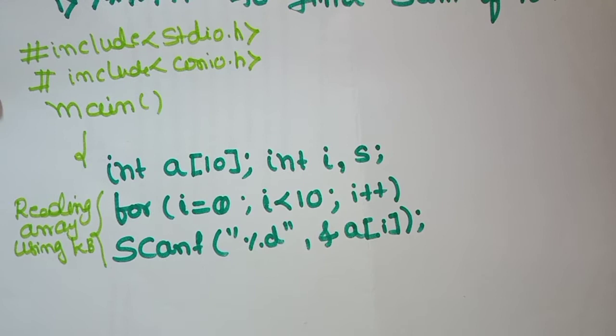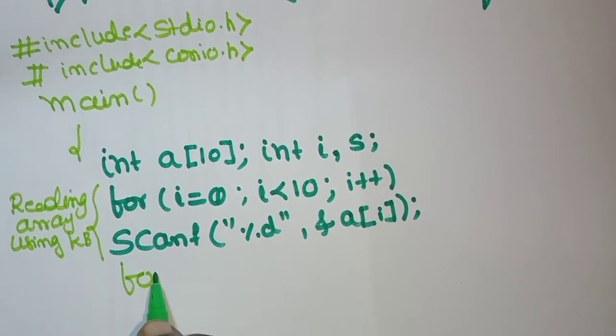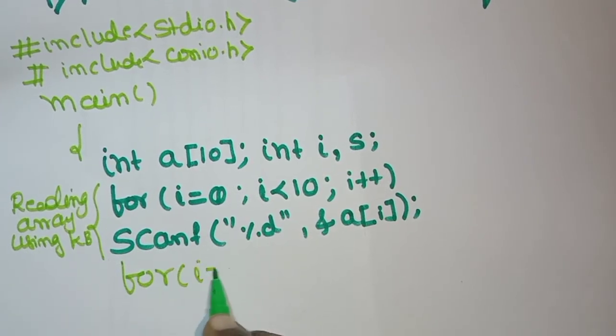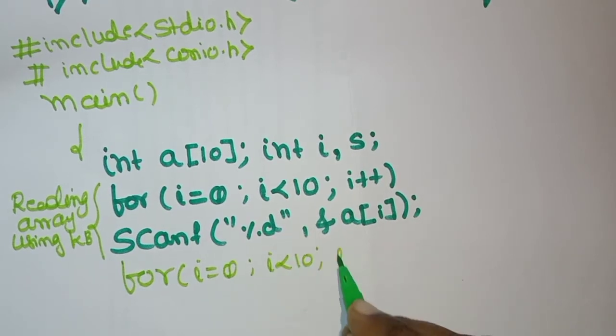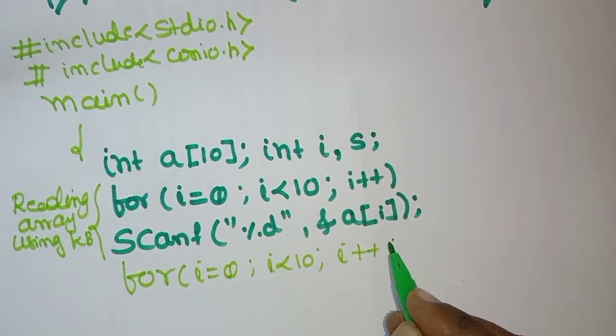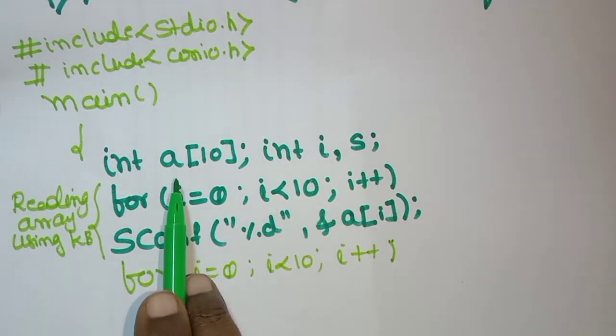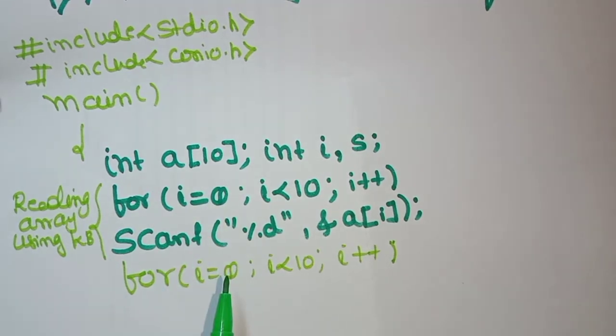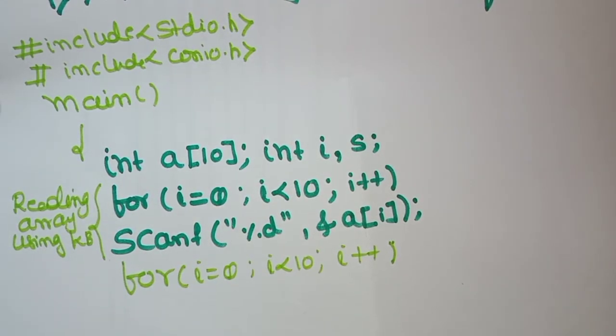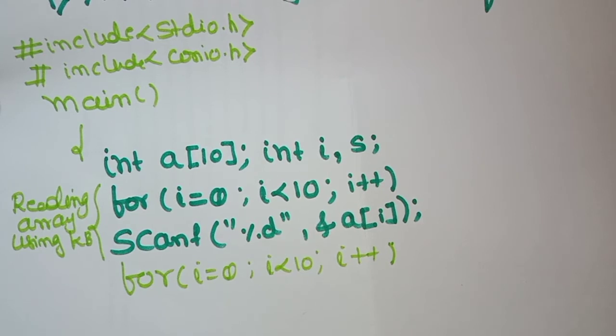Next, we have to find the sum. For the sum, once again you start with for i is equal to 0, i is less than 10, i plus plus. Just think about what I told: a of 0 is your first element, a of 1 is your second element, a of 2 is your third element.